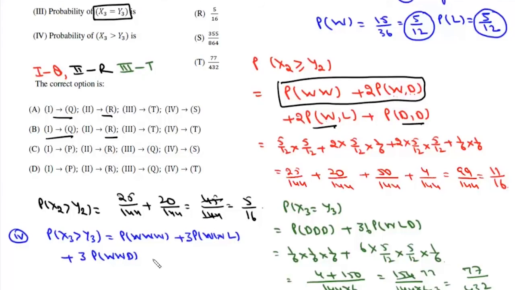Again, it can be arranged in 3 ways, or a win and 2 draws. Again, it can be arranged in 3 ways. So these are the 4 possible cases.